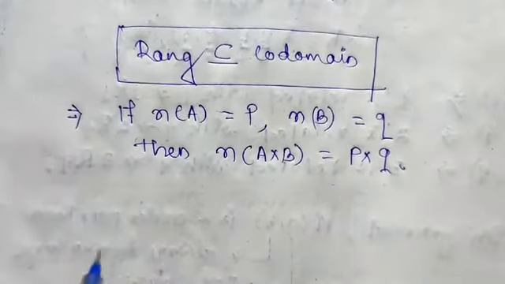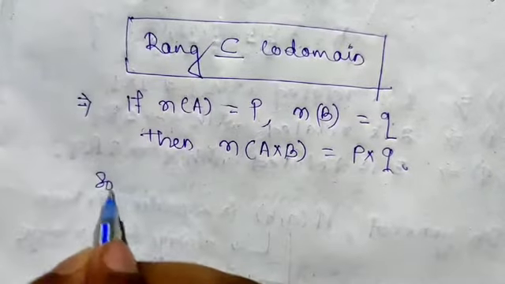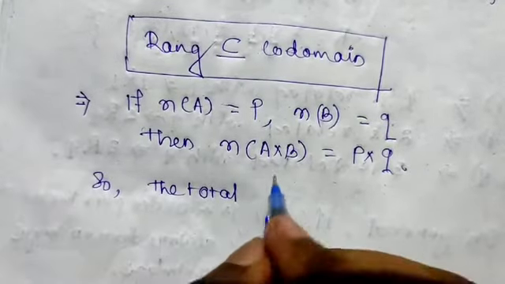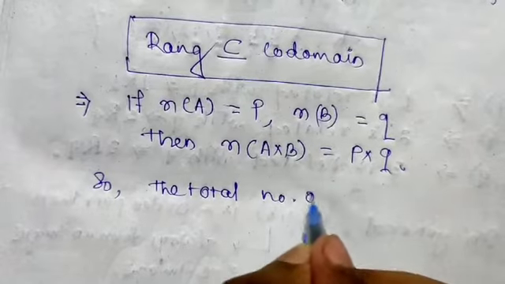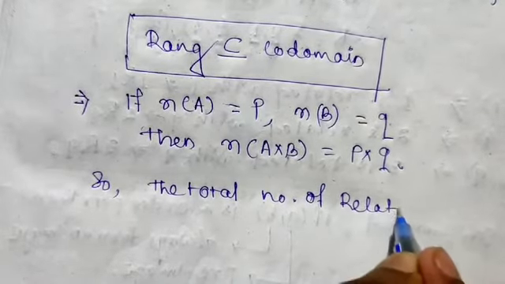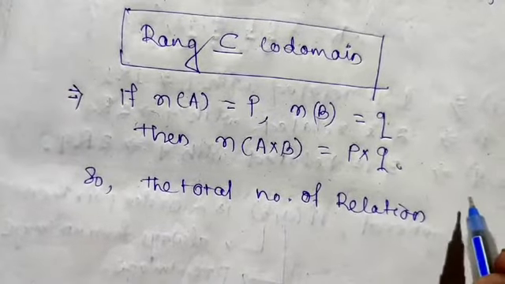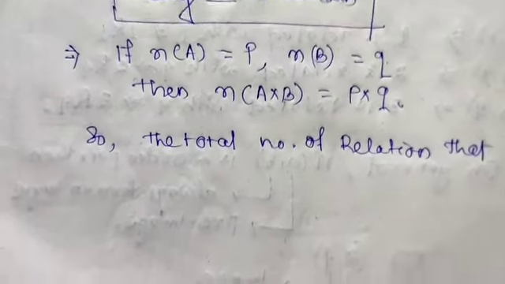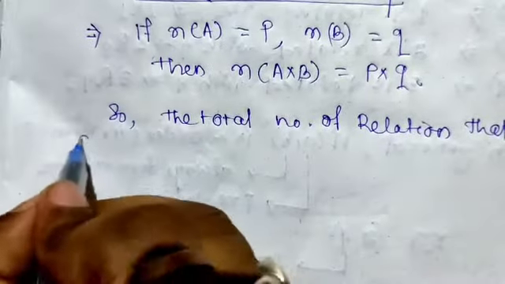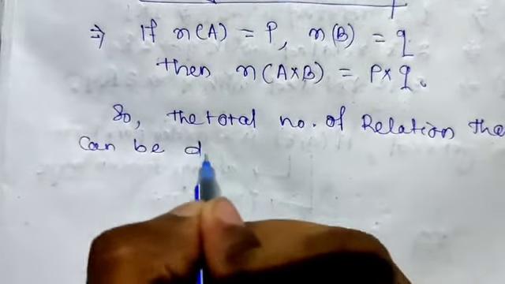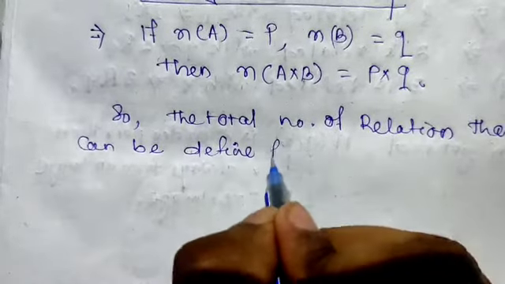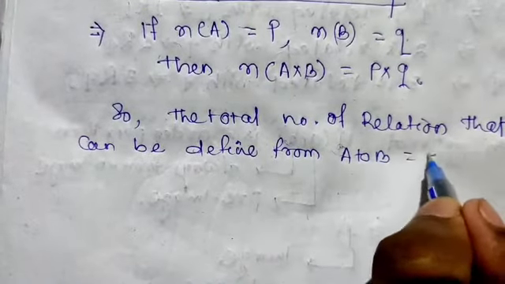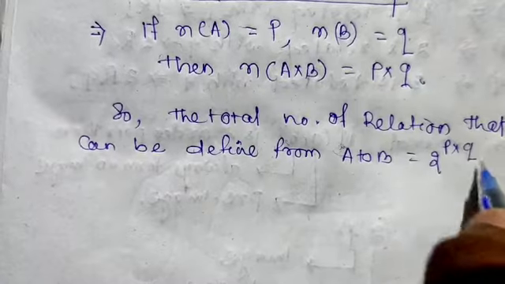So the total number of relations that can be defined from A to B is equal to 2 to the power p into q.